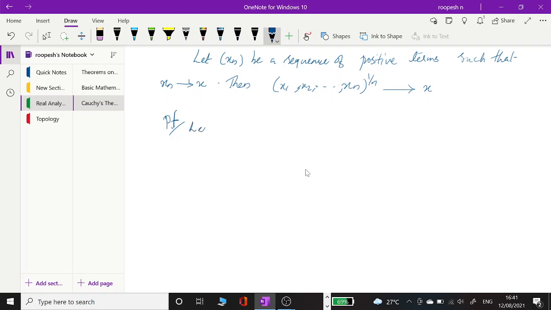Let Gn equal to x1, x2 product xn raised to 1 by n, and An equal to x1 plus x2 plus etc. plus xn, all divided by n, and Hn equal to the harmonic mean, right?